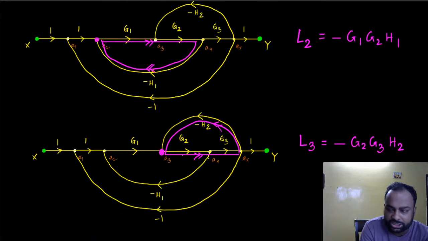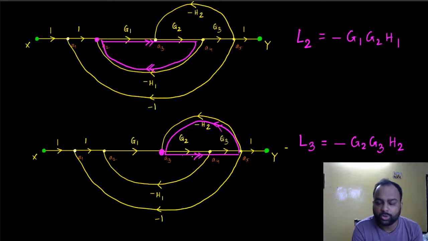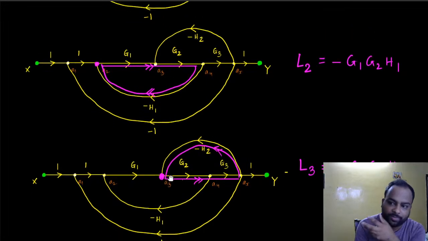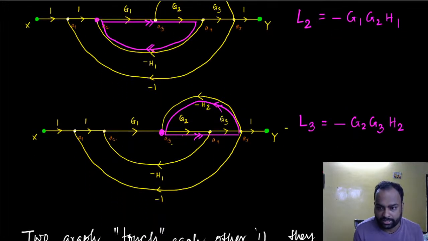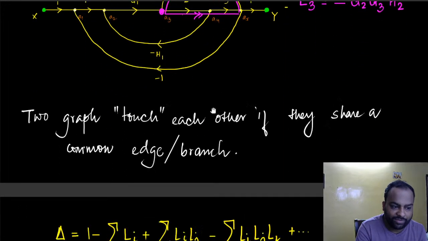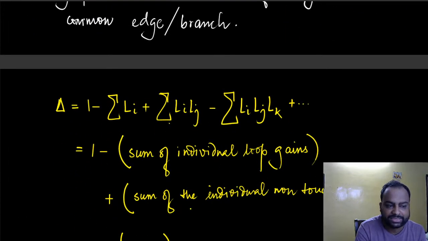They have at least one shared or common branch, so they are also touching each other. So none of the pairs qualify for non-touching. So I won't have this term here for this particular scenario.